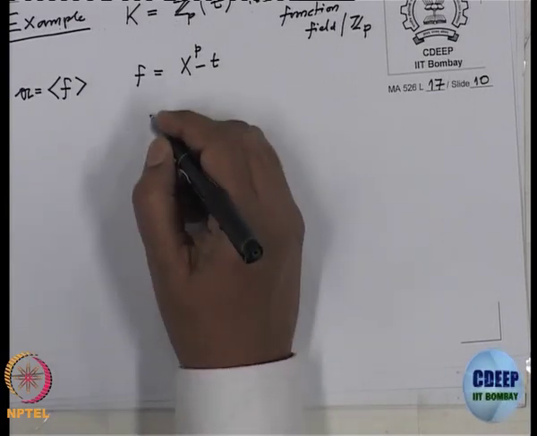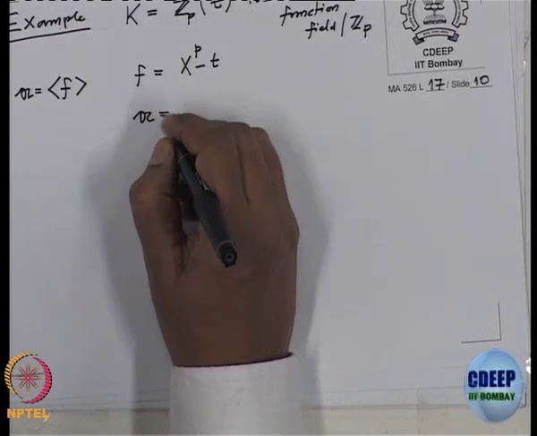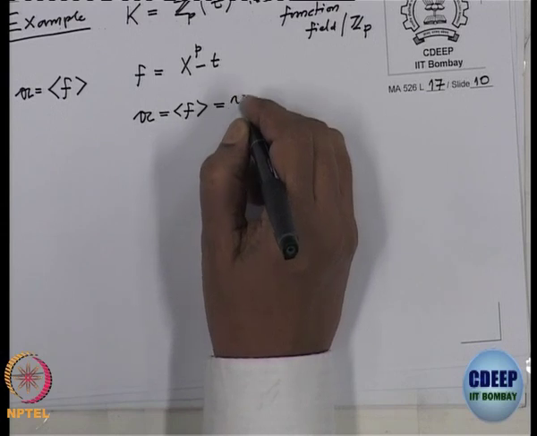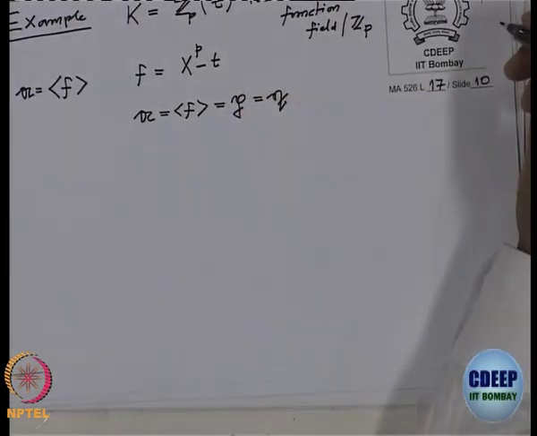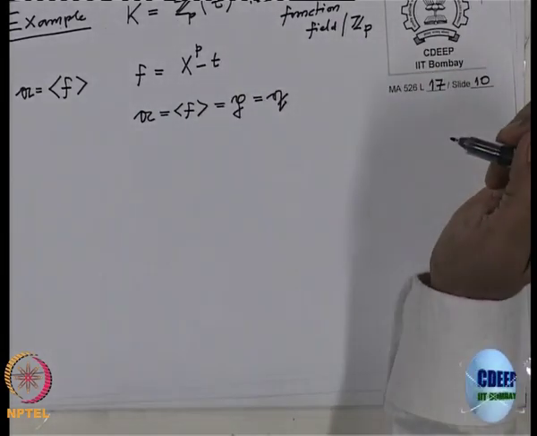So, p I want, and also I want q. So, A is the ideal generated by f, that is also the ideal p, and that is also q. Let us take this equation. Note that p is a prime ideal because f is irreducible.